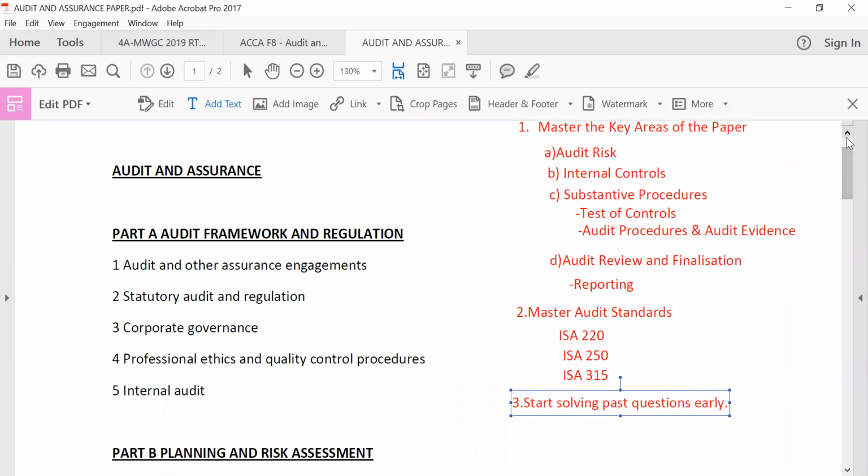The first thing to do is to look at a topic, go through the topic quickly, thereafter you zoom into solving questions. Passing audit needs what? A quick start of solving questions. So these are the areas, and I recommend that at least you go through the past questions twice.